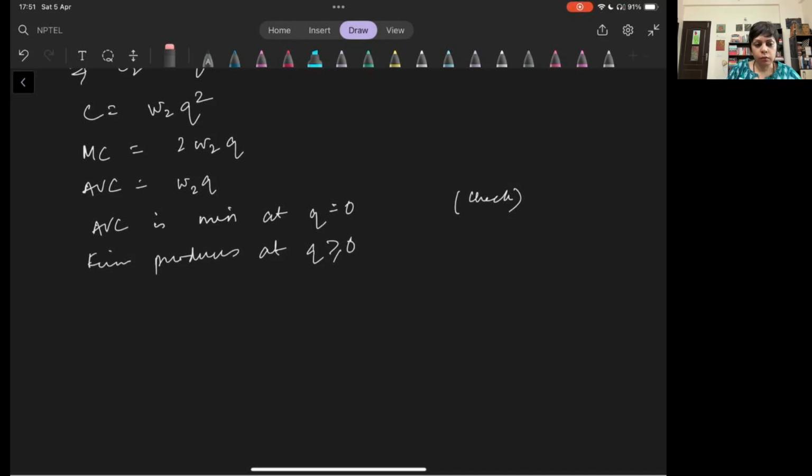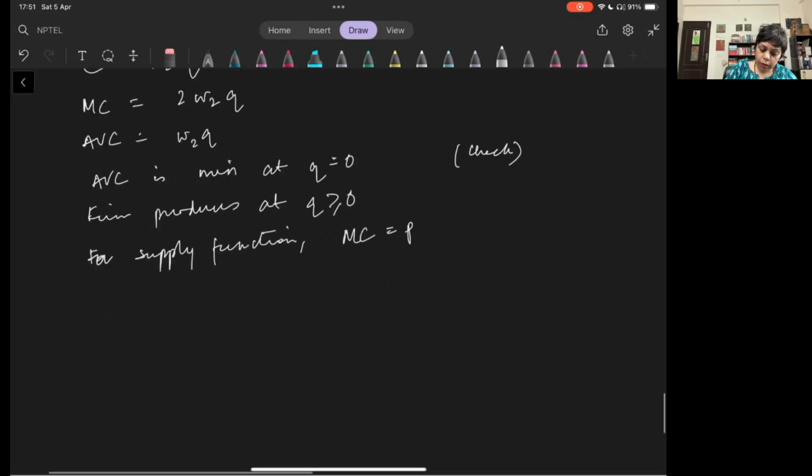All right. So supply function is nothing but plugging in marginal cost equal to price, right? For the supply function, marginal cost is equal to price. Now our price is equal to 2W2 Q, right?